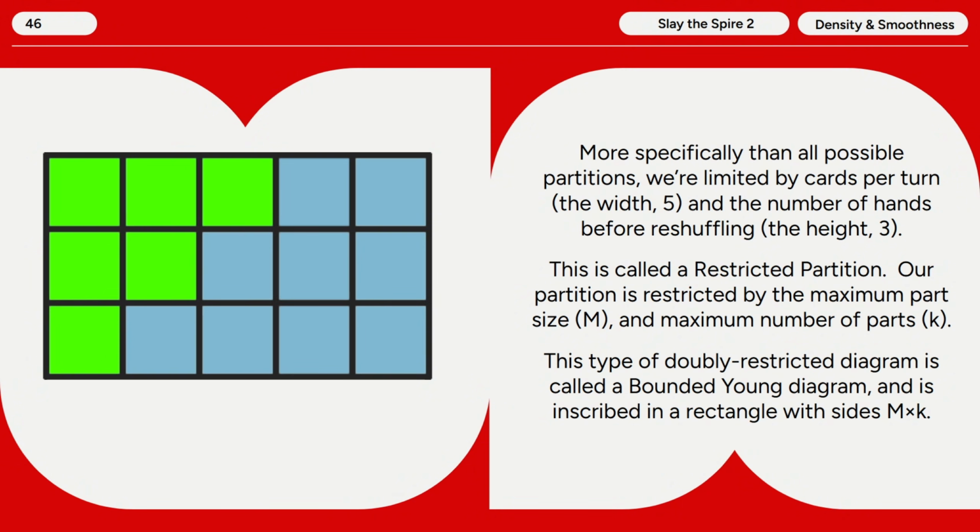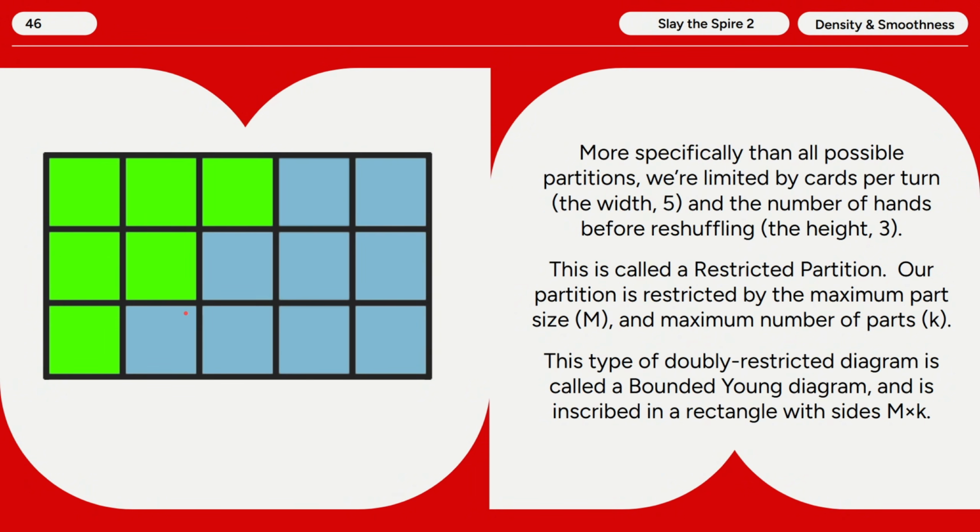More specifically than all the possible partitions, we're limited by the cards per turn, so the width of the graph here, 5. We're also limited by the number of hands before reshuffling, which is the height of 3. We have 2 restrictions. We have a restriction on the number of parts. We also have a restriction on the size of the individual parts. And this type of doubly restricted diagram is called a bounded Young diagram.